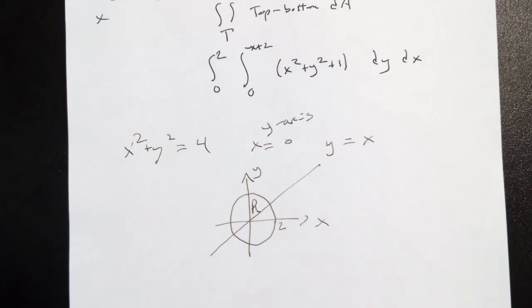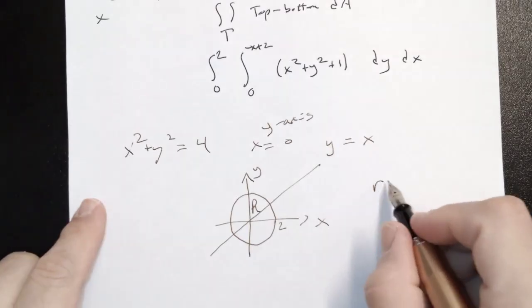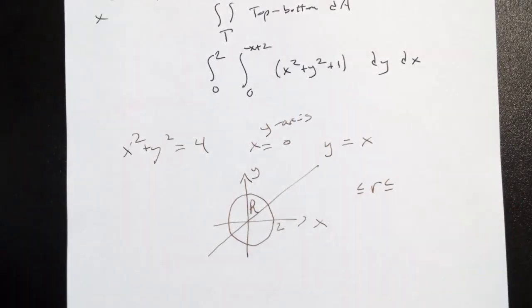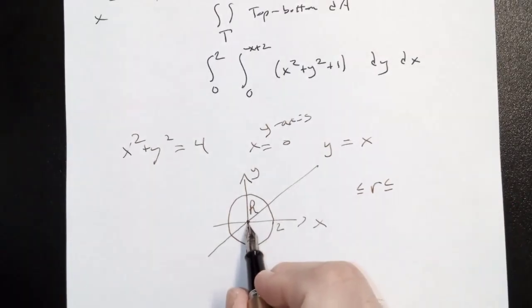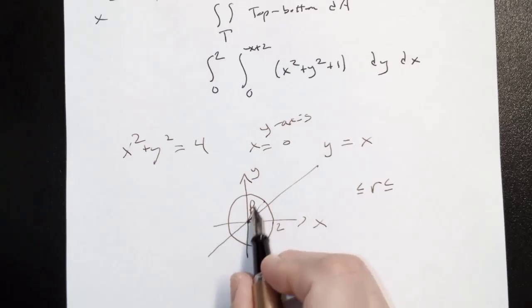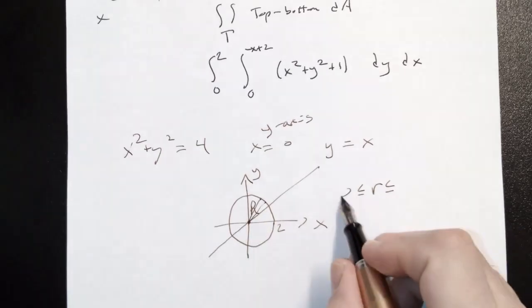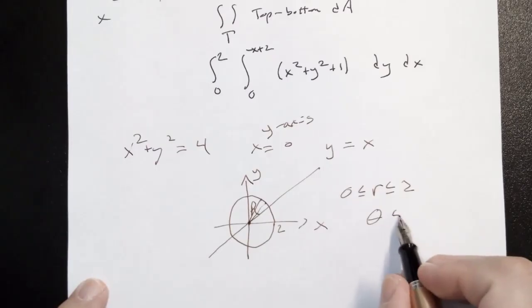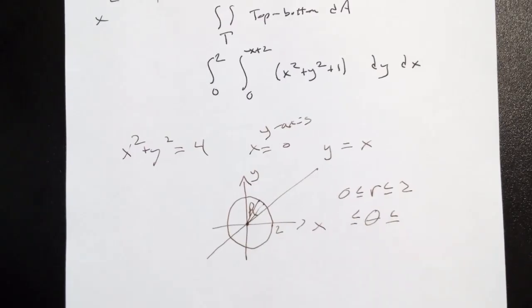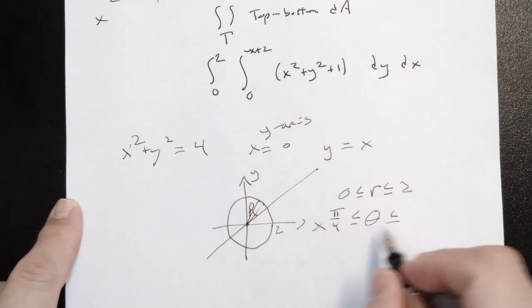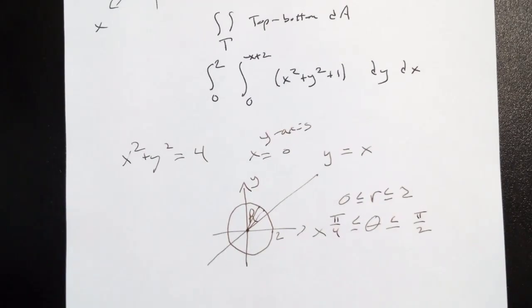What's your smallest radius? Yep, and then I go out to a radius of? What's my smallest angle? And my biggest? Ta-da!